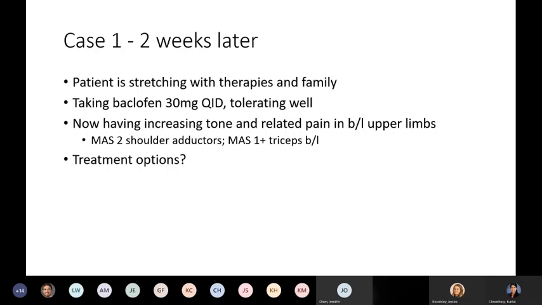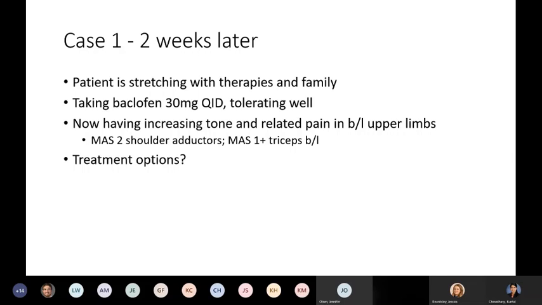So let's say the same patient 2 weeks later, he's continuing on your inpatient rehab unit and continuing with a good stretching program. He's taking baclofen 30 milligrams QID and tolerating it well. And those leg and trunk spasms have improved to more manageable, but he's having increasing tone and some related pain in his bilateral upper limbs now.